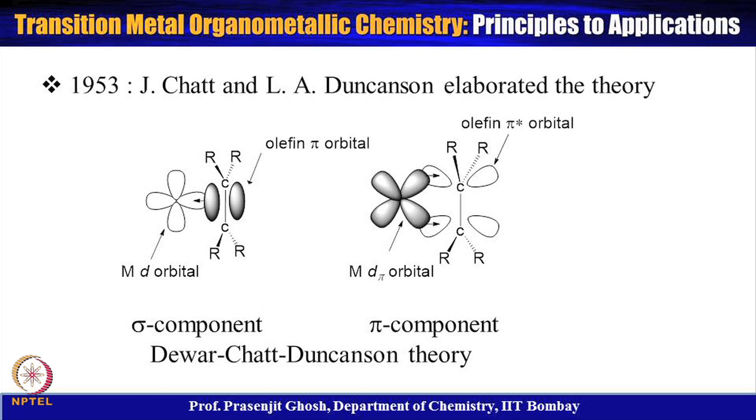And these two interactions occur in a symbiotic fashion: the first reinforces the second, which reinforces the first. As a result, this metal-olefin interaction becomes very strong. This had a great implication in the chemical industry as well as in catalysis, as these metal olefins are important intermediates in various catalytic reactions.